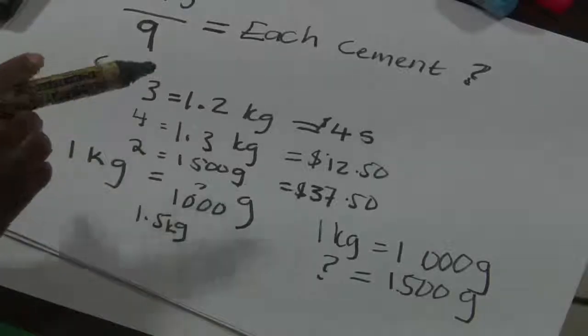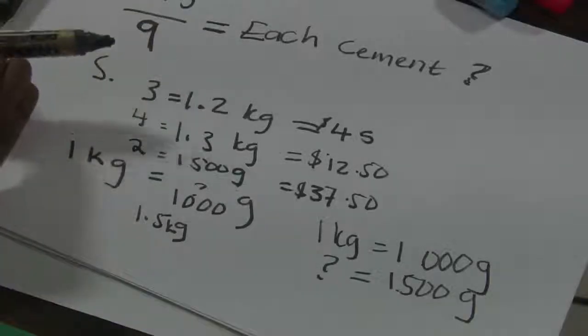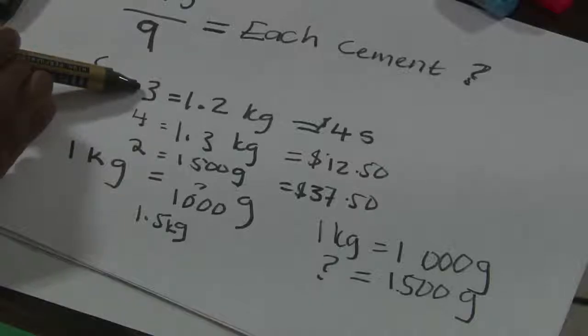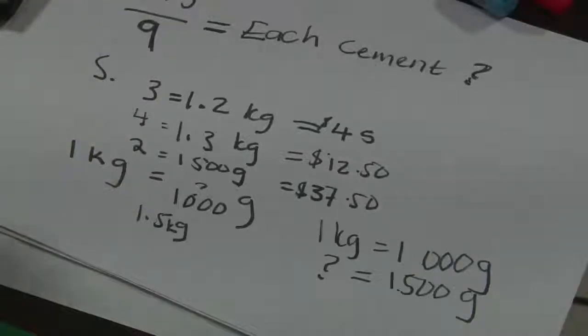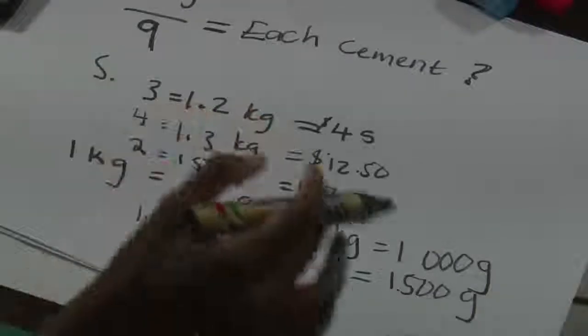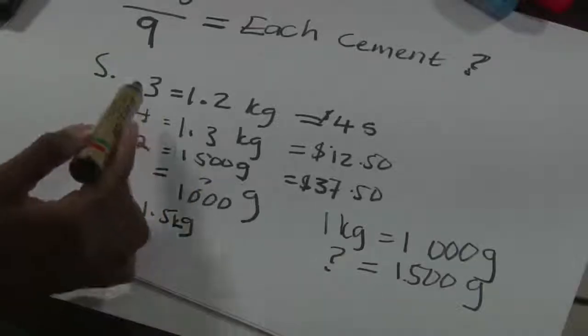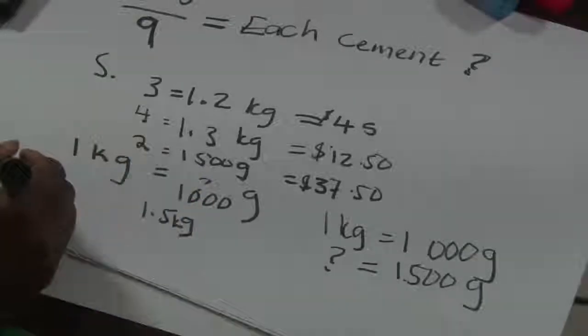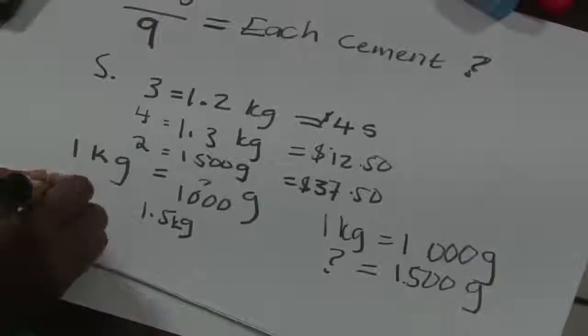The first one is 1.2, and there are 3 of them, because we want the total weight of all the items. If there are 3 sugars, how much do all 3 sugars weigh? So you say 3 times 1.2.